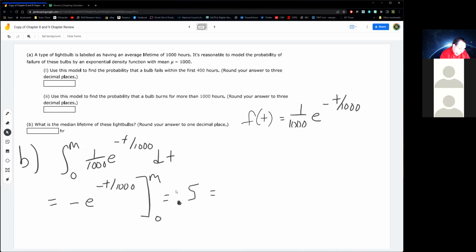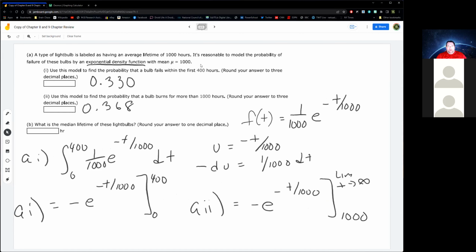So I have e to the negative m over 1,000 plus 1 equals 0.5. That makes sense? So we're looking for a value that's going to give me 0.5 as my answer. What number here is going to give me 0.5 as my answer?